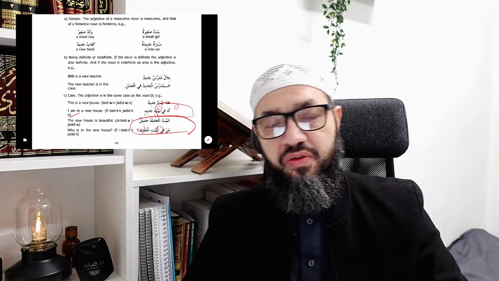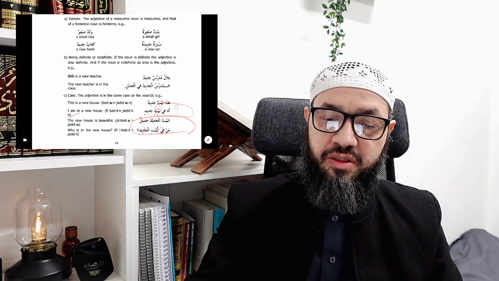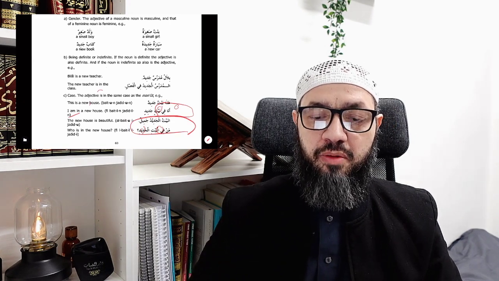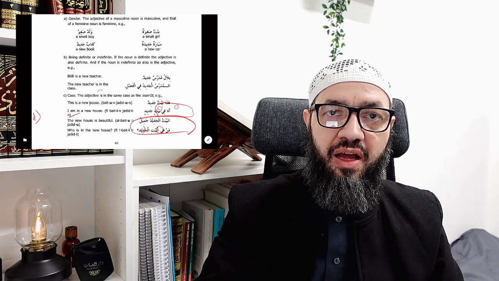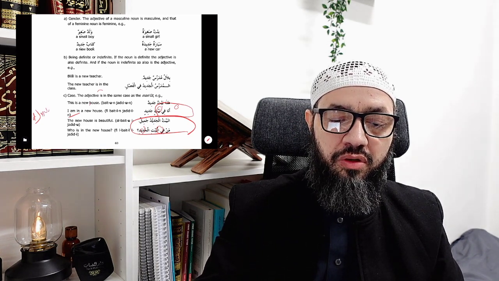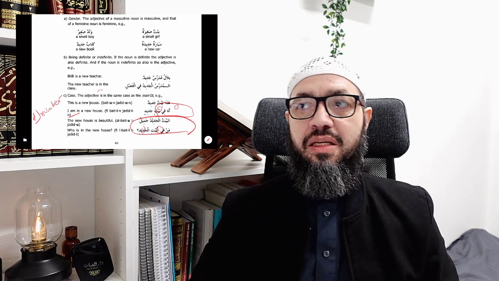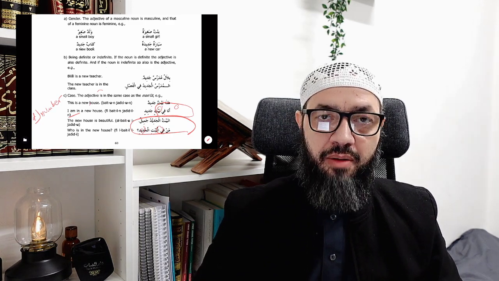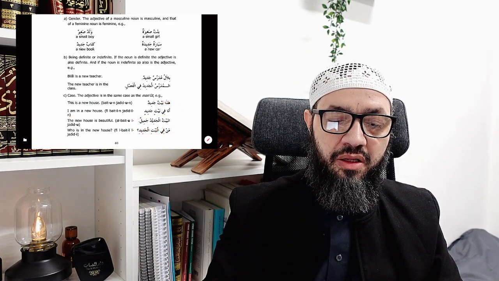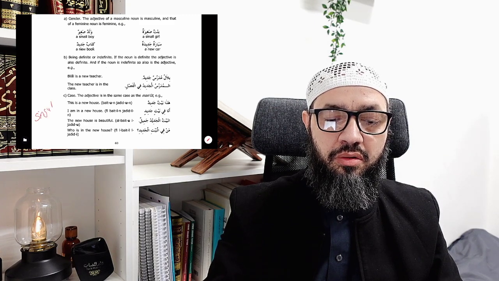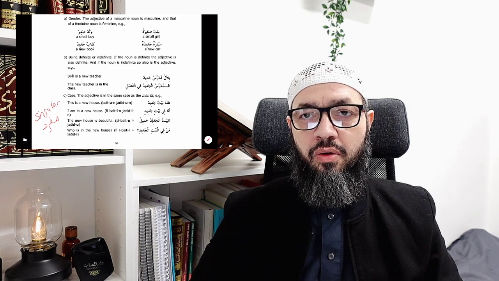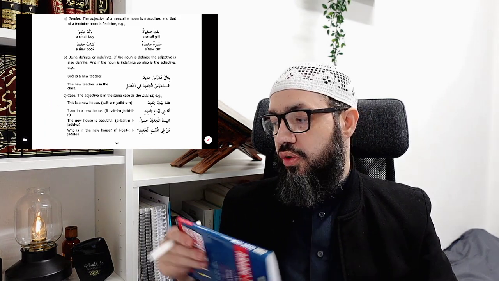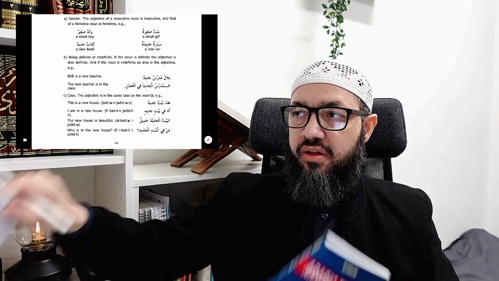The fourth thing which is important in this topic of nat and man'ut, which he hasn't mentioned, is that they have to agree in, or D, what do they have to agree in? They have to agree in something called number. And what does it mean by number? Words in Arabic are either singular, in Arabic that's mufrad, or dual, you have two of something, right?